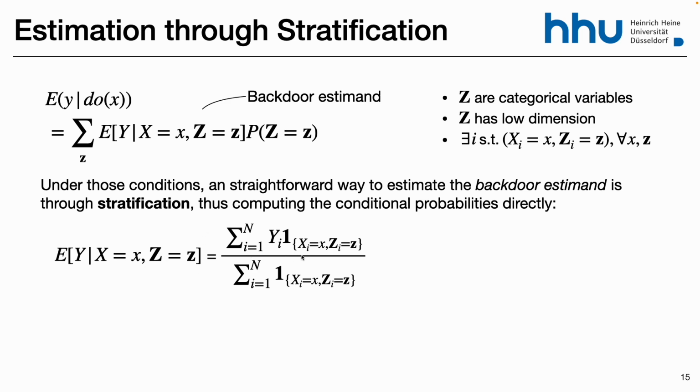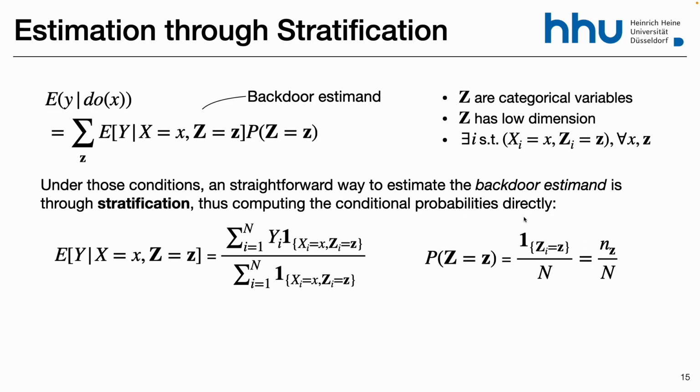I just consider the samples where I have x equals x and z equals z, and then I sum over all the y's. So that's just a way to compute the sample estimator for the conditional expectation. And P(z) can be computed by just counting as well.